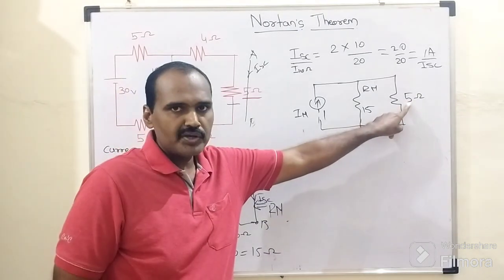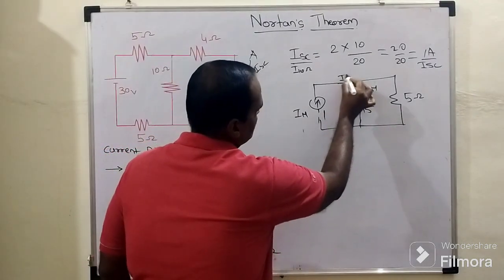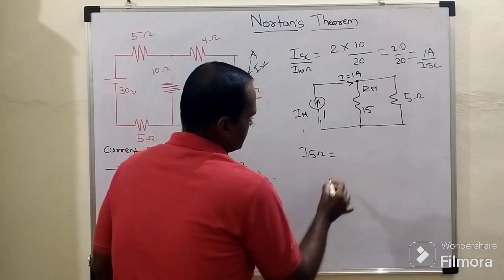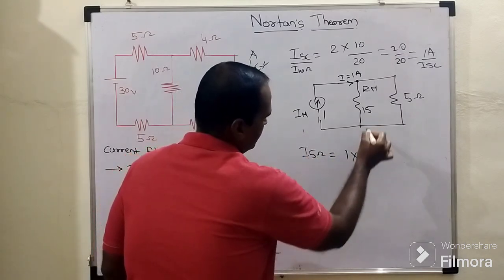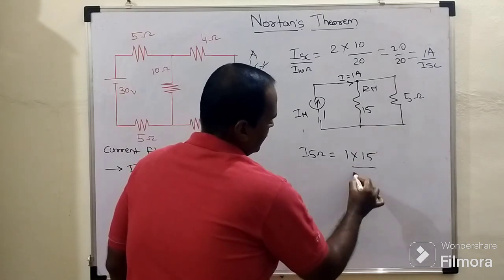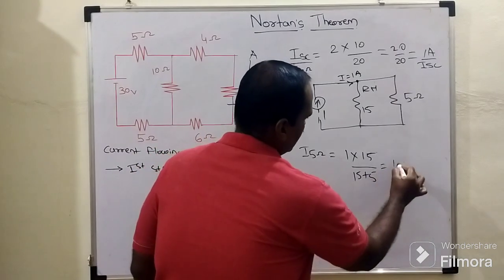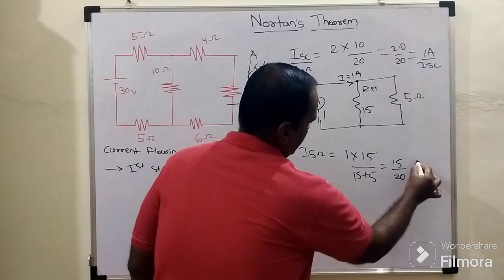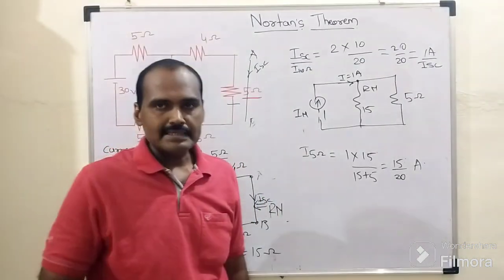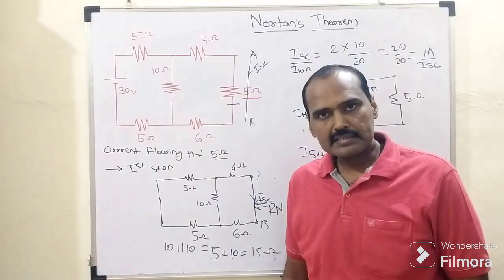The resistance value is 5 ohm. So up to this node the total current is how much? Up to this node the total current is 1 ampere, and the current flowing through this 5 ohm resistor equals what? The total current 1 ampere multiplied by the resistance in its opposite arm, that is nothing but 15 divided by 15 plus 5. So it will become 15 by 20 ampere, right? So this will be the desired current flowing through this 5 ohm resistor by using this Norton's theorem principle.